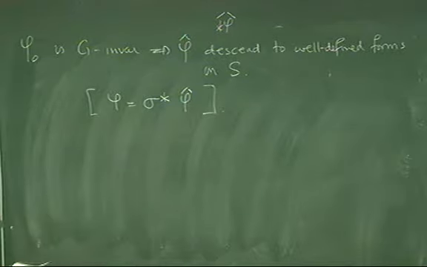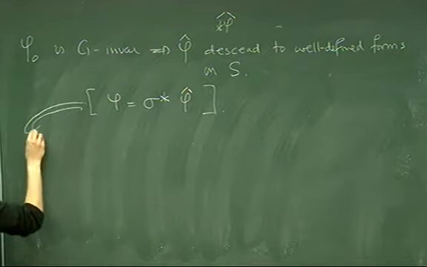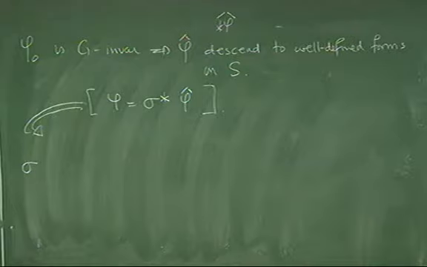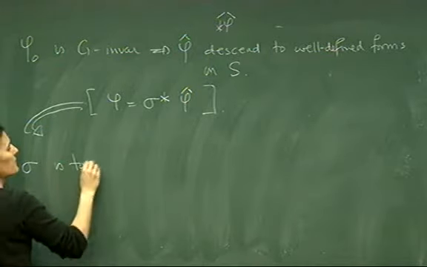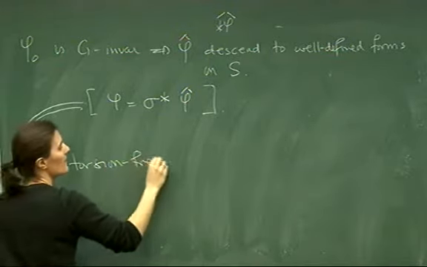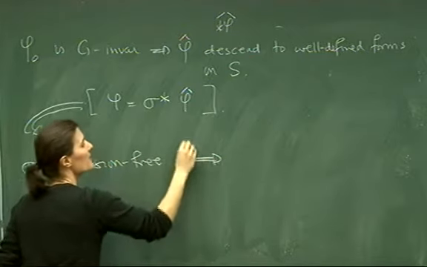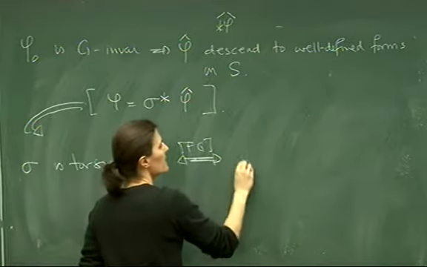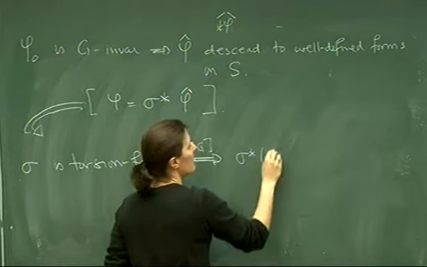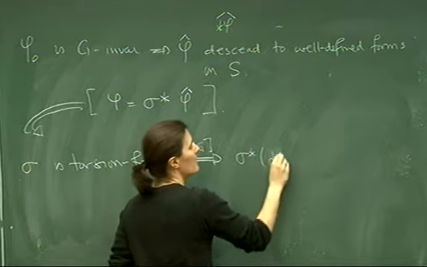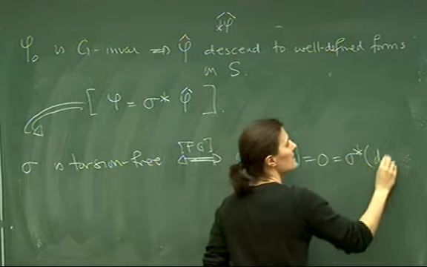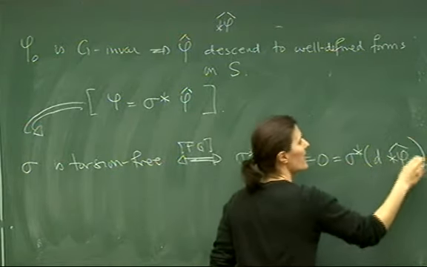But that is an important realization because this implies that sigma, or P, the G2 structure, is torsion-free, thanks to that result of Fernandez and Gray, if and only if the pullback of d phi hat is 0 and the pullback of the exterior derivative of star phi hat is 0.